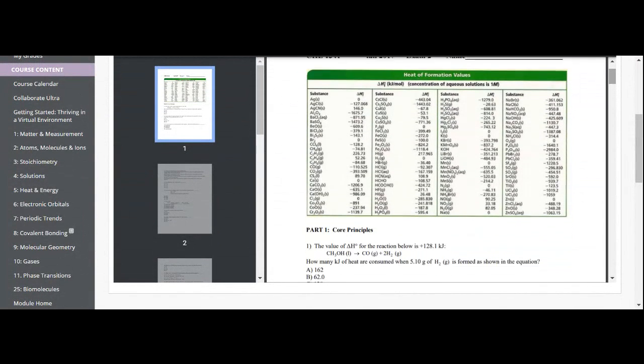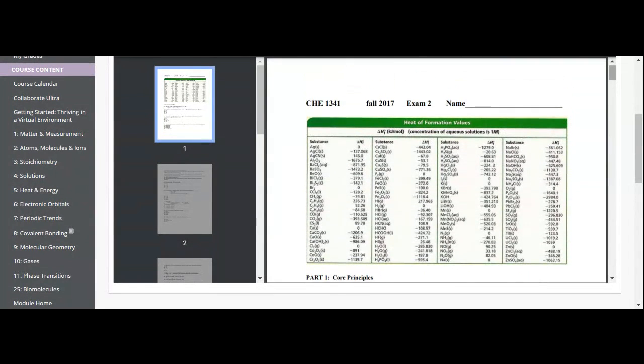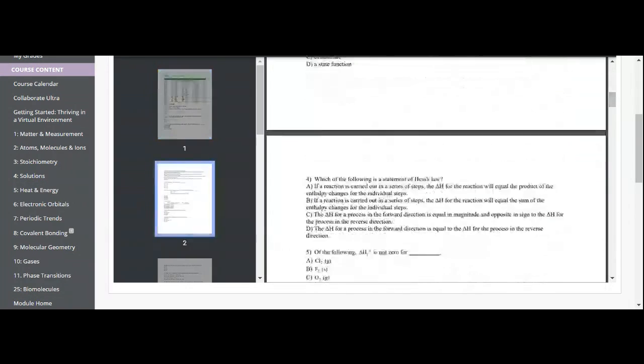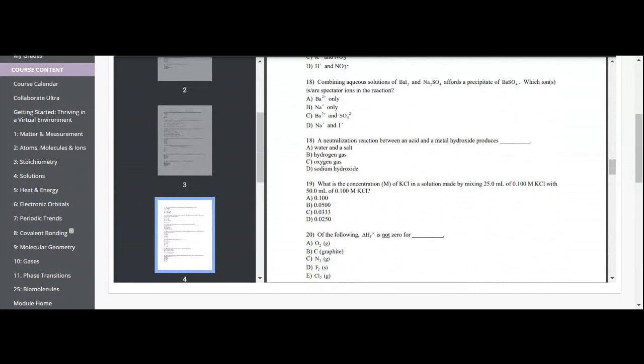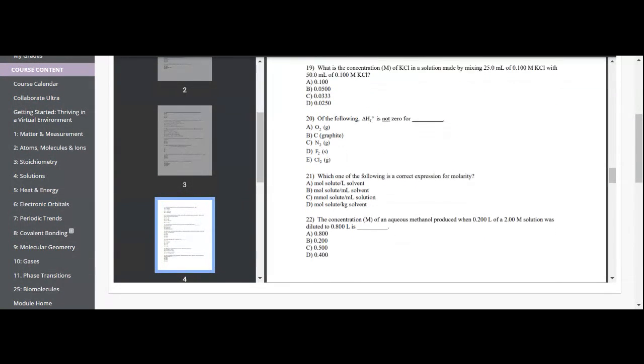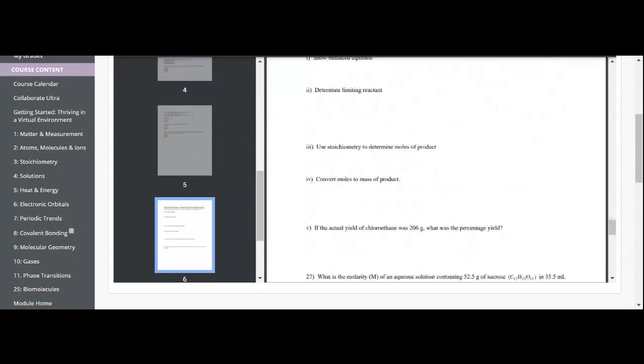That tells us that one of those standard enthalpy questions is coming. And then a bunch of multiple choice questions on acids and bases, combining solutions and making a precipitate, enthalpy of formation being 0, and then some calculations.